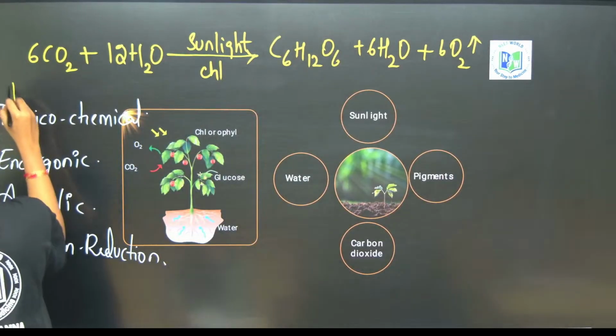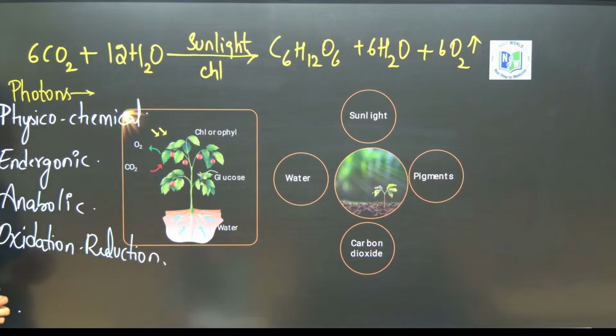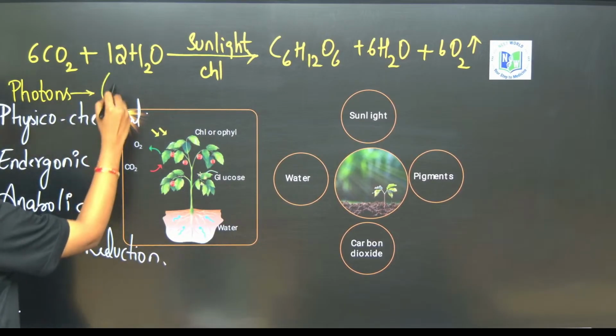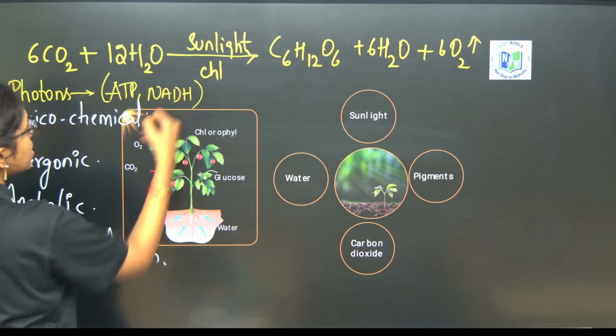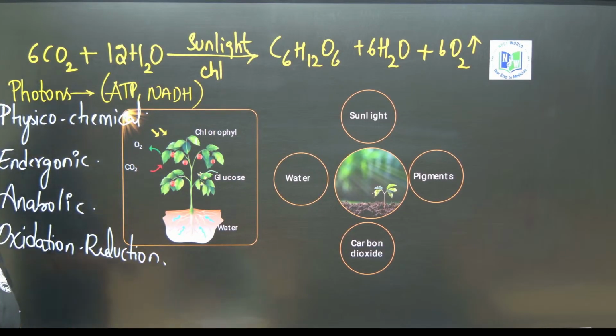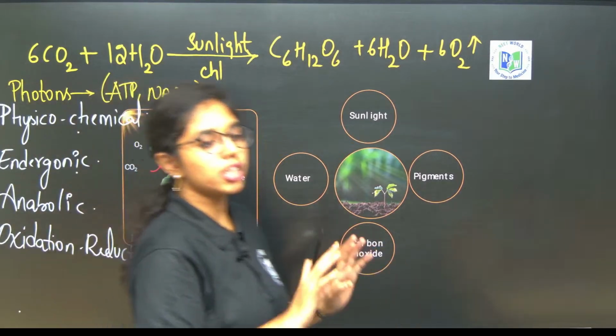Sunlight, which is absorbed in the form of what? Photons, is converted to chemical energy. What is that? ATP and NADPH. This ATP and NADPH are called as assimilatory power. That is why it is called as what, ma? Physico-chemical process.